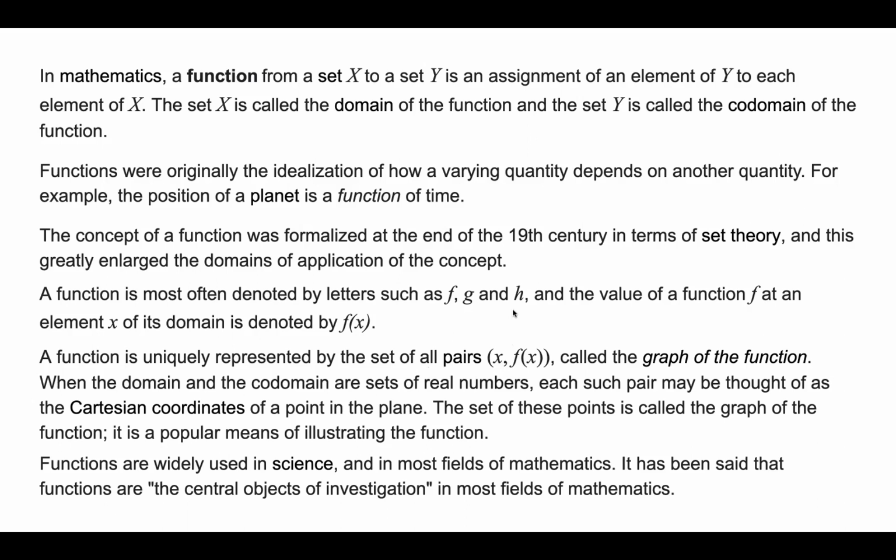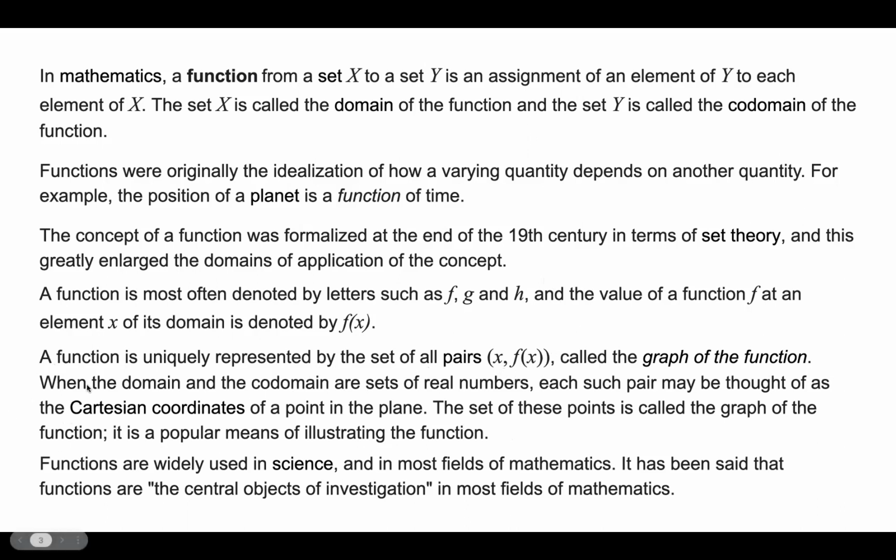If we take the pair x comma y, then y is equal to f of x. It is called the graph of the function. If we draw x and f of x values, then we are taking the graph of the function.